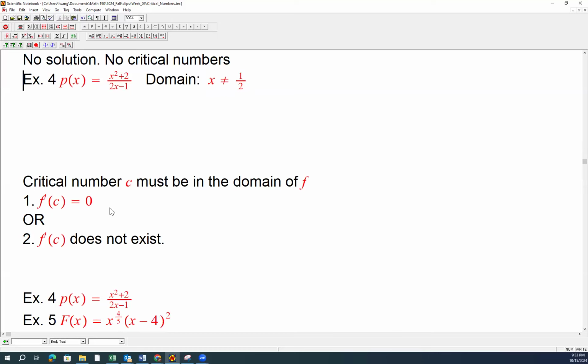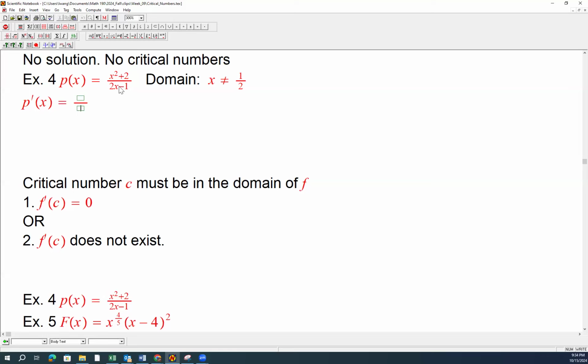Next, derivative, okay? We're going to have to apply the quotient rule. P of x equals, in your mind, you have the denominator being squared.